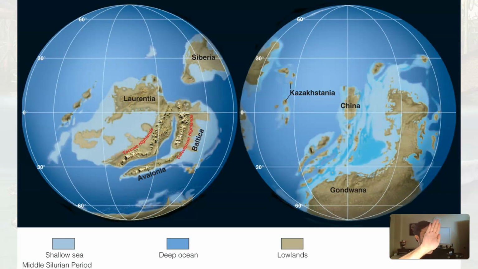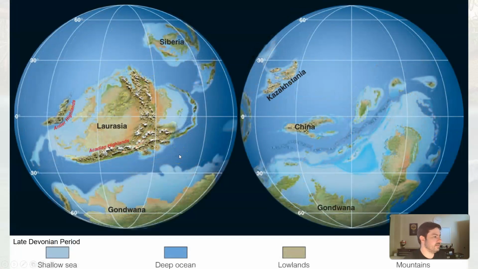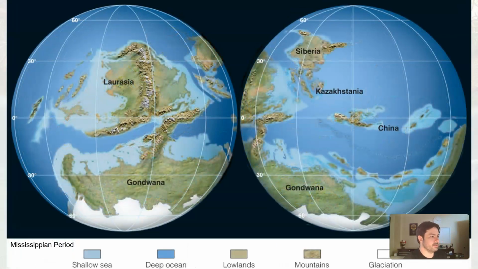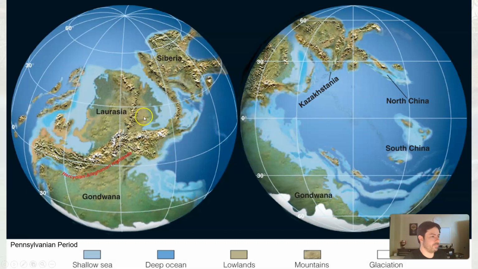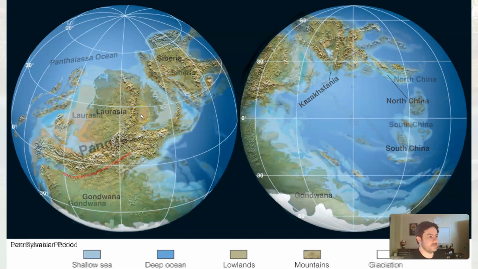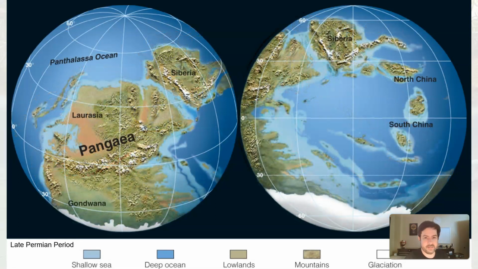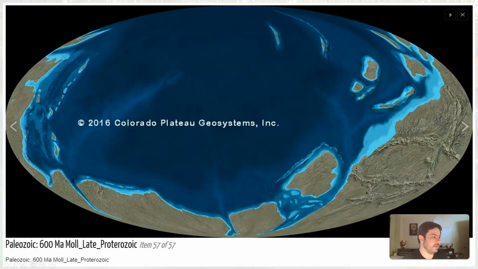And then it's going to start to move up. You can see some mountains developing as other things are crashing into it as we go throughout time. This is Pangea, or the formation of Pangea, towards the end of the Paleozoic era.